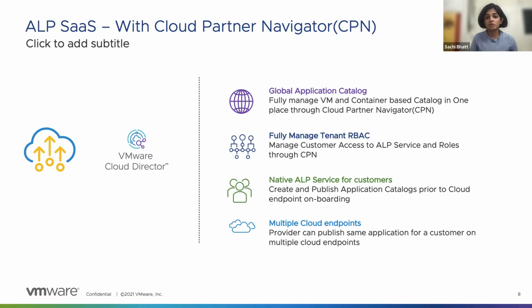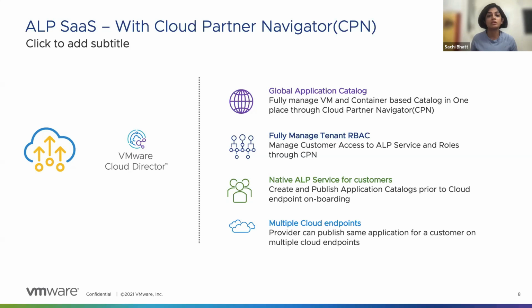The user access for tenant user and tenant admin is also managed through Cloud Partner Navigator. So everything for ALP SaaS is managed through Cloud Partner Navigator. The users and roles are created in advance for the service, so the provider just has to select which user is going to get which type of RBAC.